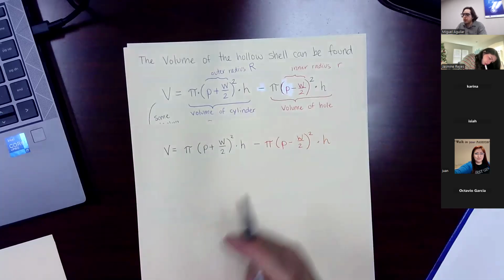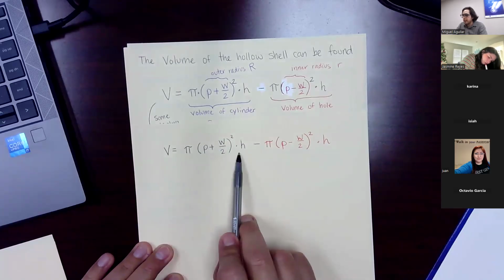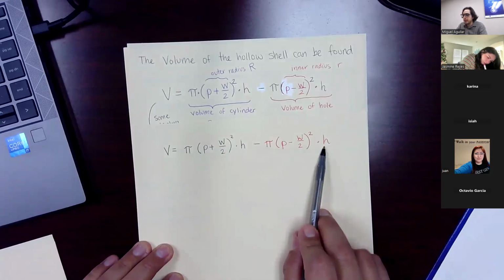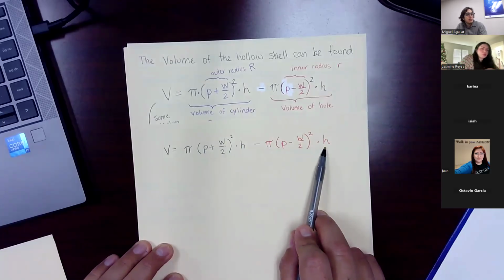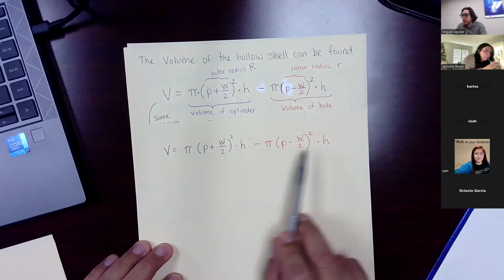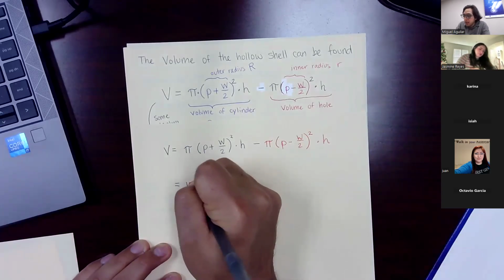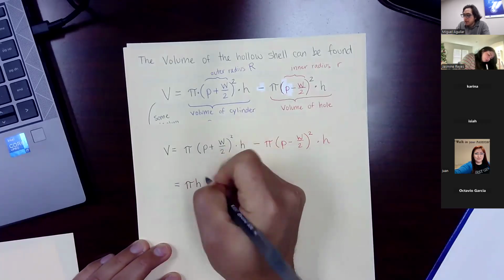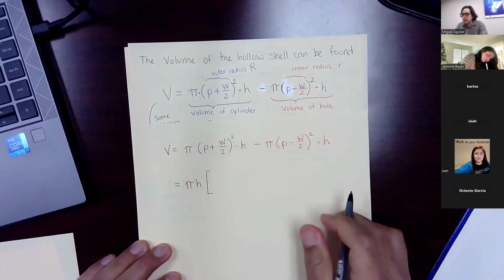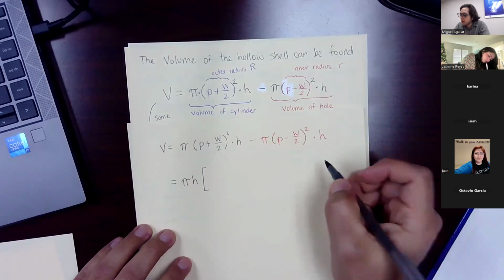Okay. So if you look at these two terms, what common factors do they have? They have a pi and they have an h in common, right? So I'm just going to factor that out, pi and h. And whenever I factor, I like to use brackets, especially when I have all these complicated formulas.